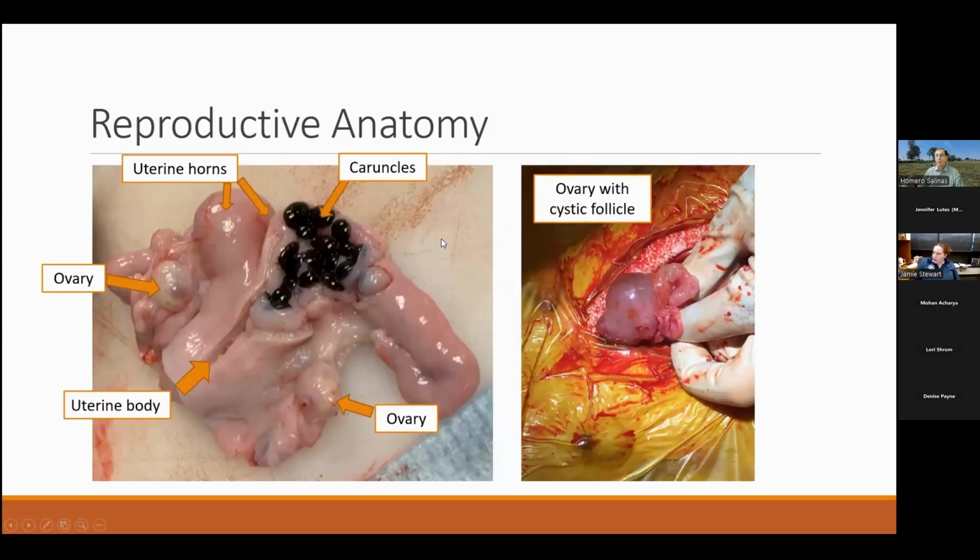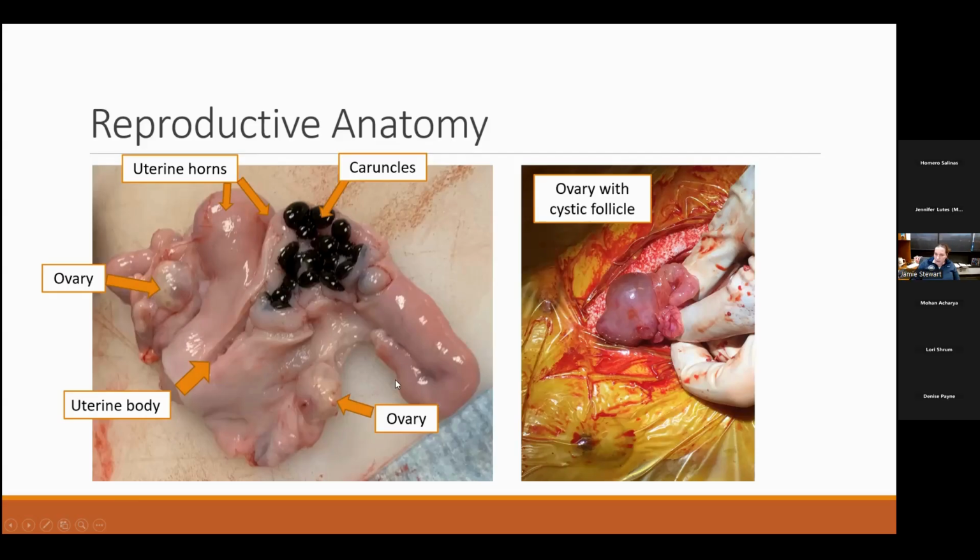These are both from a sheep. This is a little cut section that we had. Over here, again, is the uterine body right before it bifurcates into these two little uterine horns. Back here it got cut off after the cervix, so you can't see that. But again, these little uterine horns are curled around.